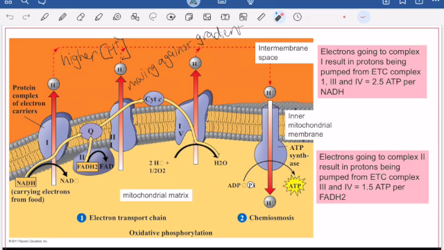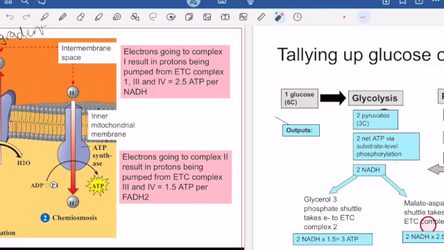So take a moment to try and recall the steps of glucose metabolism: glycolysis, the PDH complex, the citric acid cycle, and the ETC. These first three steps all produce electron carriers for the ETC. Now try and recall how many electron carriers each of these steps produces.